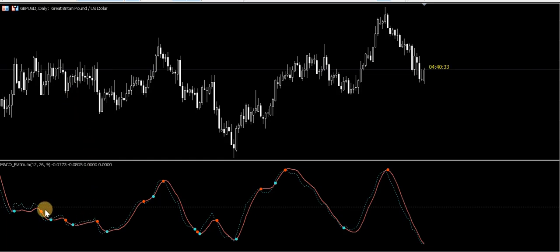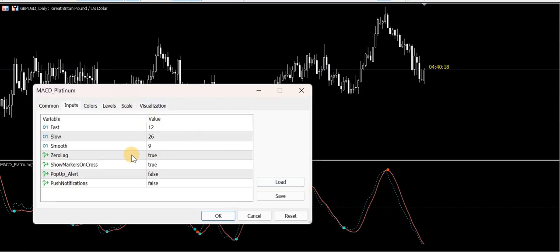My first indicator is the MACD Platinum. Now, all it is, this MACD Platinum, is a zero lag MACD, all right? So if I go into the controls, now to access the controls, just a matter of right-clicking anywhere on the indicator, go to Properties, and you'll see in the Properties box the zero lag here, all right?